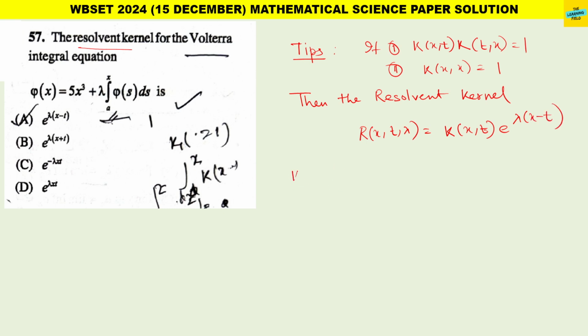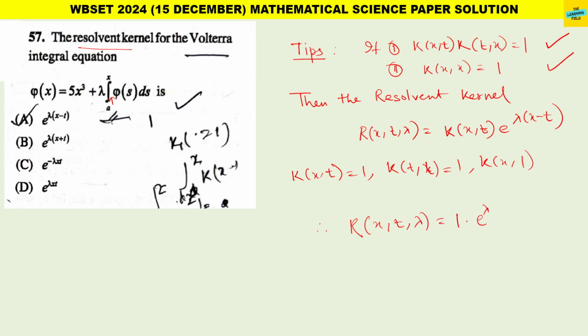So here k of x,t equals 1, k of t,x equals 1, and k of x,x equals also 1. So these two conditions are satisfied. Therefore the resolvent kernel is R of x,t,lambda equal to k of x,t value 1 into e to the power lambda into x minus t, fine. So option A is the correct one.